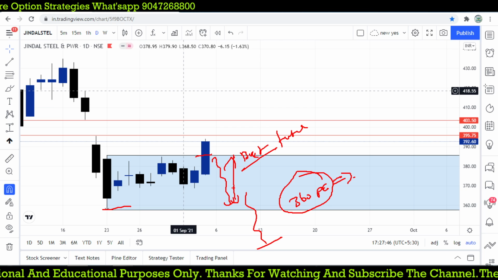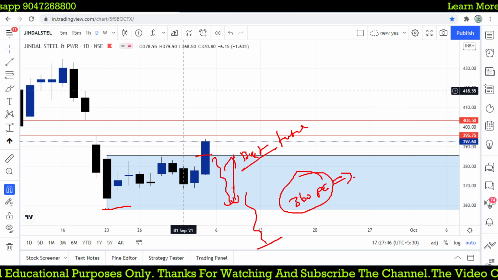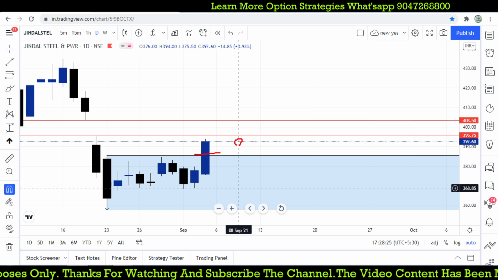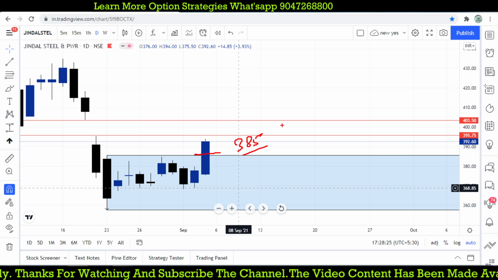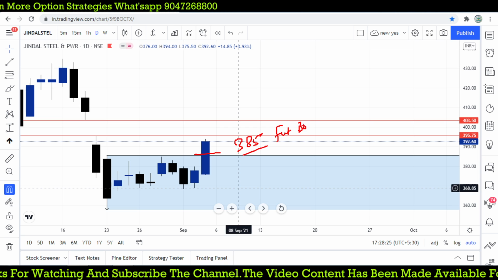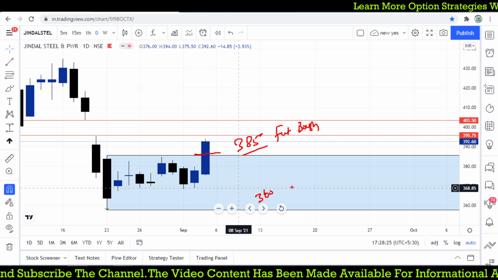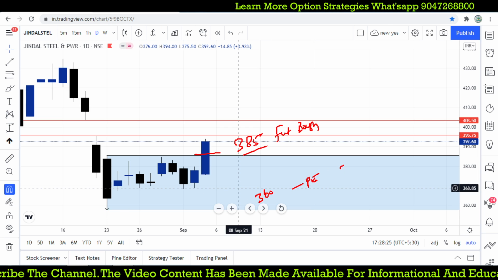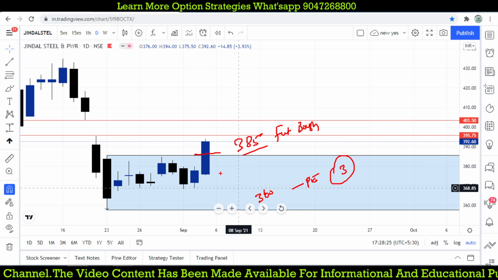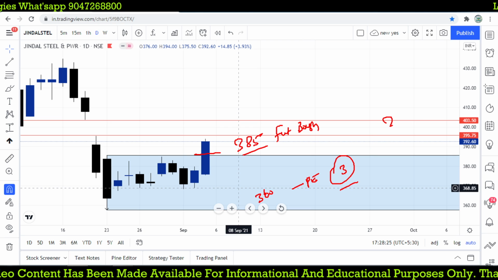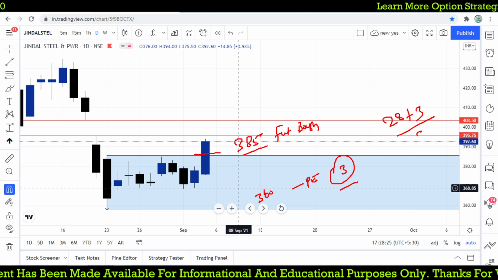If the market moves up 100, 200, 300 points, see what exactly the trade is which I'm going to discuss here. If you are buying the future at 385, my stop loss was somewhere around 360. I'm buying a 360 put option at somewhere around 3 or 4 rupees. So if additionally I'm taking another 3 rupees risk, the initial risk is 28 plus 3, now my risk is 31.